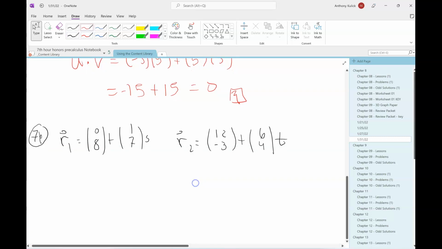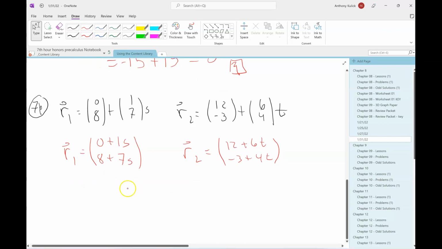Okay, so the trick here is I'm going to turn R1 into a single vector by doing the vector operations between the vector 0, 8 and then the vector 1, 7 times s. And the same thing for R2. And then if these two lines are going to intersect, the vectors R1 and R2 need to be equal. So I'm going to set these two vectors equal to each other.